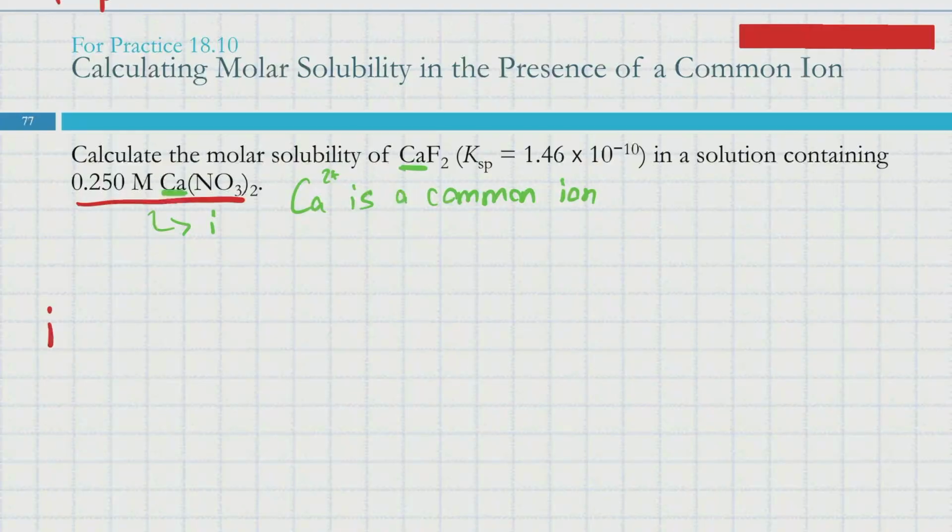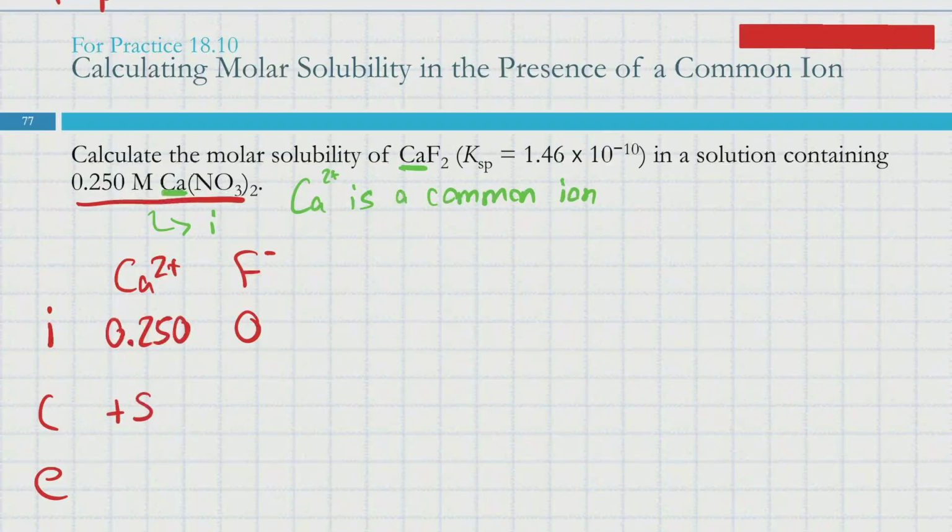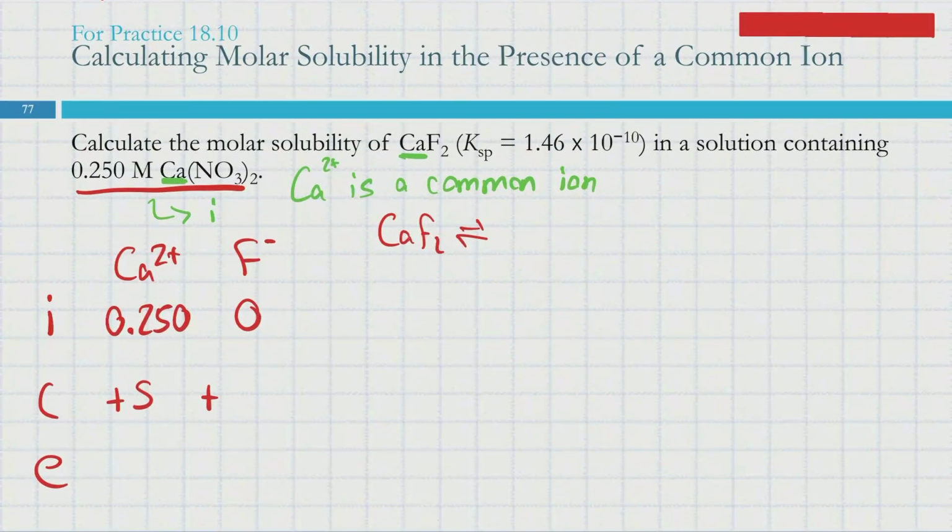So our ice table, we're going to have calcium, we're going to have fluoride. Our initial for calcium, 0.250. Our initial for fluoride, 0. Our change values, we are still going to be dissolving some of our calcium fluoride because we don't have any of the fluoride present. So it's still going to dissolve, just not quite as much. And for the fluoride, this is where it might be helpful to have your little dissolution equilibrium expression.